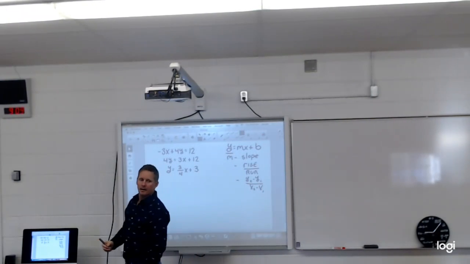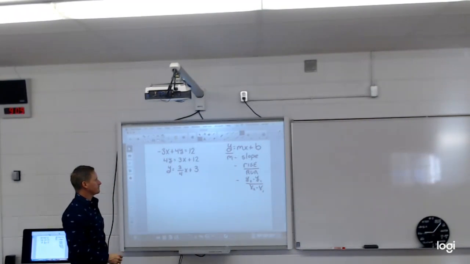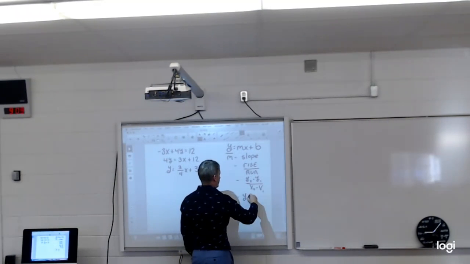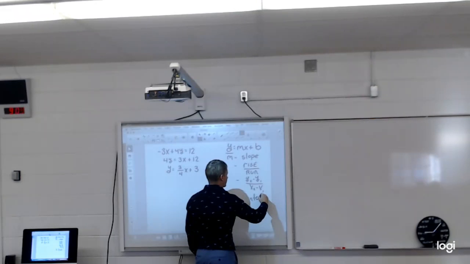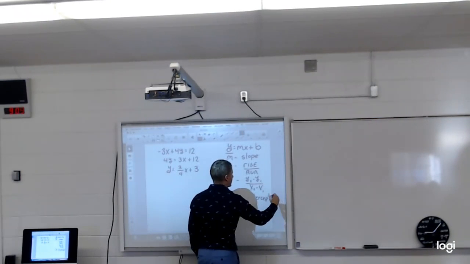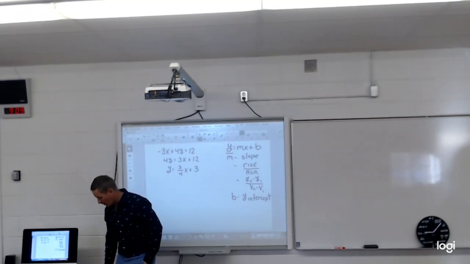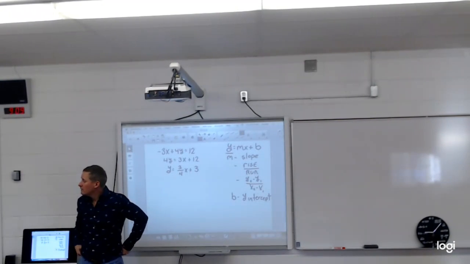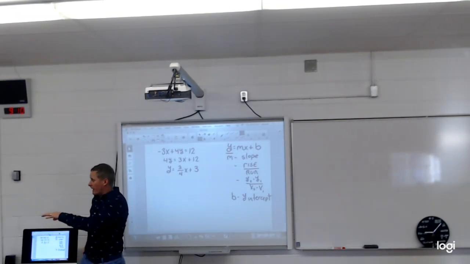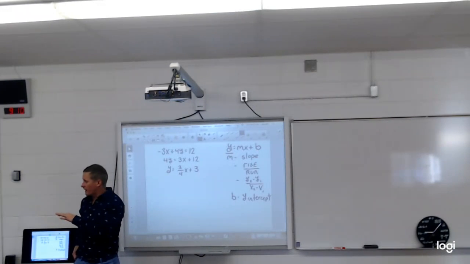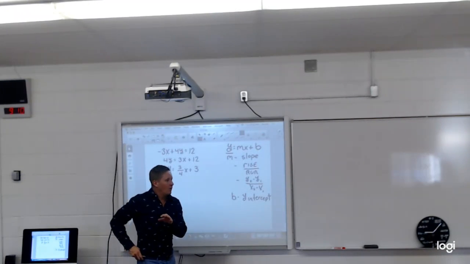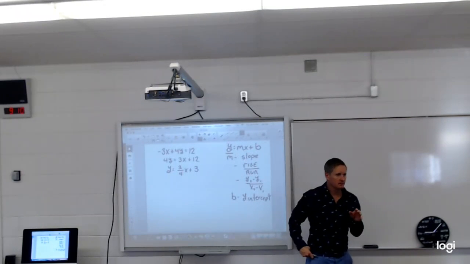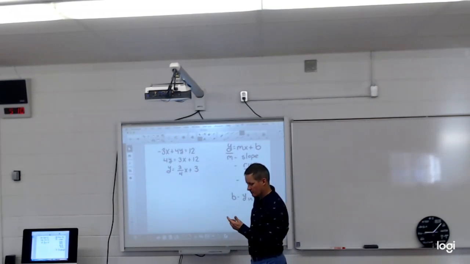Okay? All right, now, the b part of this is what I refer to as my y-intercept. What is the y-intercept? If I'm looking at a graph, how do I identify what the y-intercept is? 0, 3. Yeah, but just generally speaking, if I'm looking at my graph, it's the coordinates of where the line crosses the y-axis.